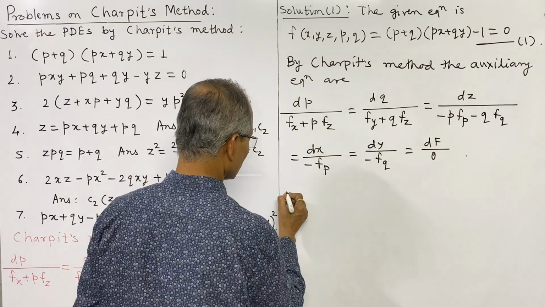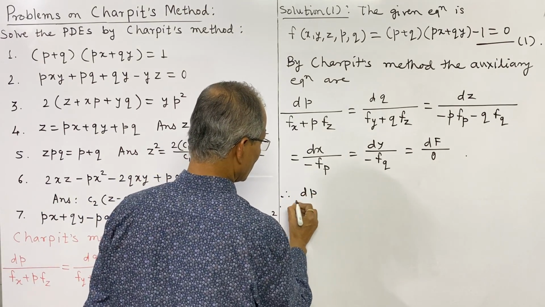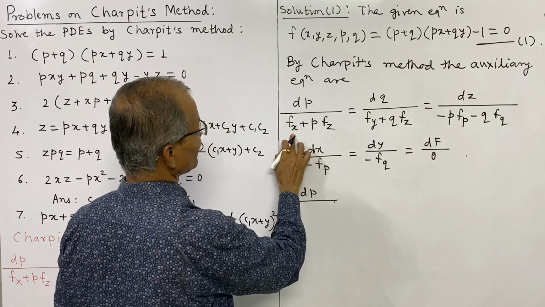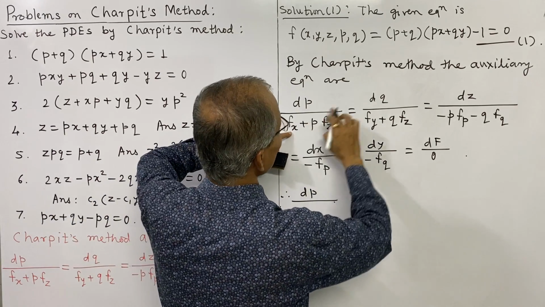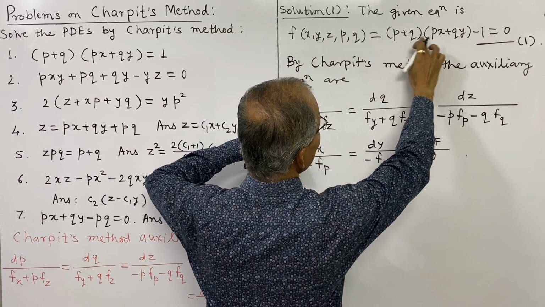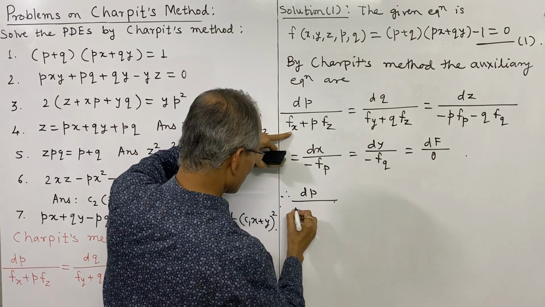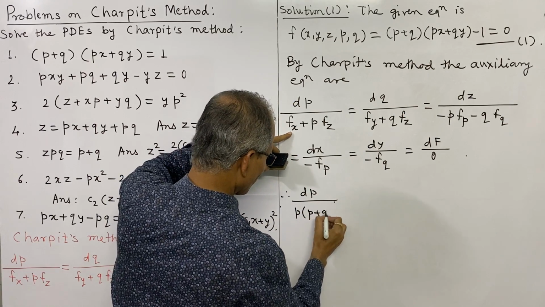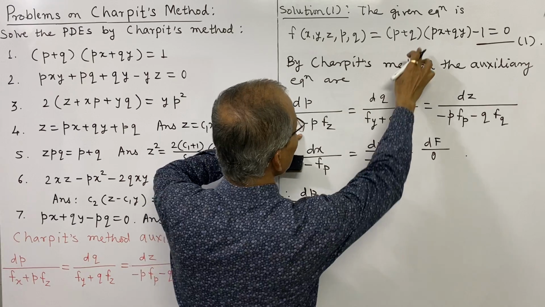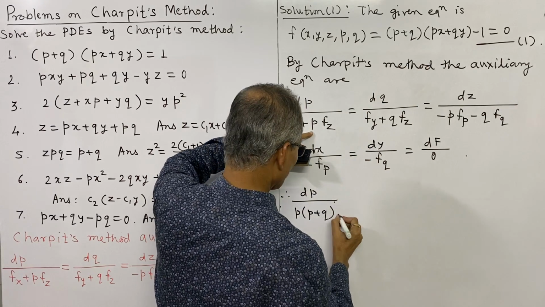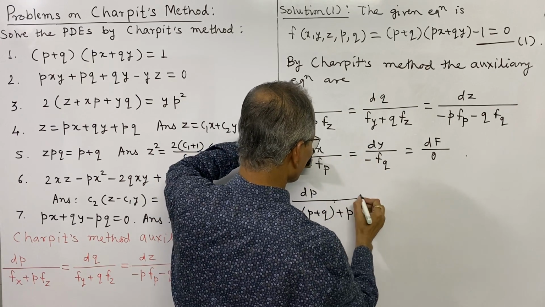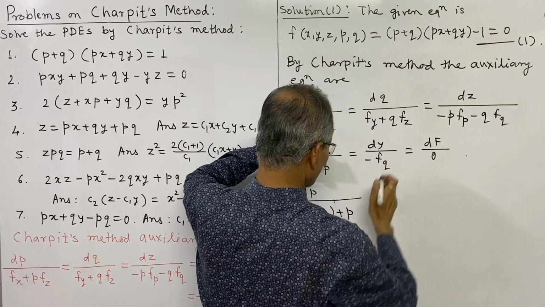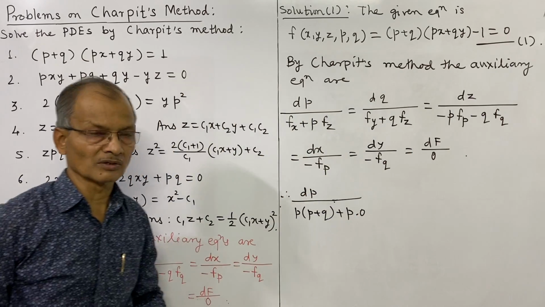Now we shall write further. This is dp divided by the partial derivative of f with respect to x, and here it is p into (p plus q). You can verify that easily. P into (p plus q) is the partial derivative of this. Now plus p times the partial derivative of f with respect to z. There is no z, so the derivative is 0.